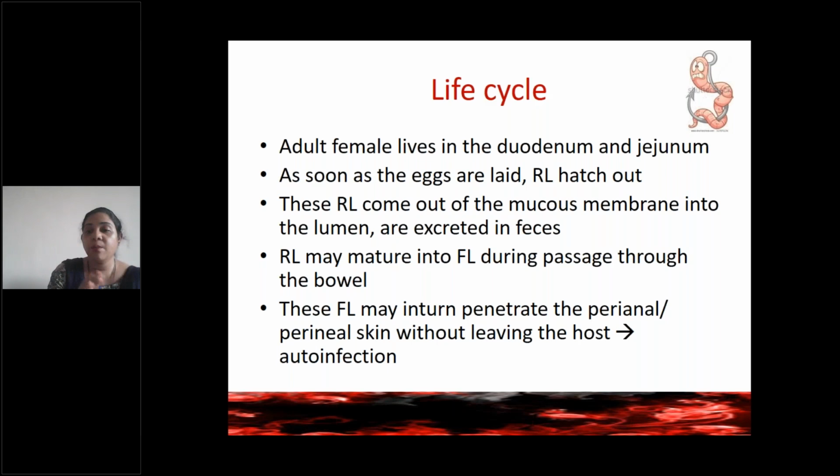And this rhabditiform larva will be moving with the passage of bowel. Sometimes some rhabditiform larva, when they are passing this way itself, may mature into filariform larva. And some of the filariform larva, instead of being excreted, can penetrate the perianal and perineal skin, causing auto infection. Auto infection means they revert back again and cause the disease.